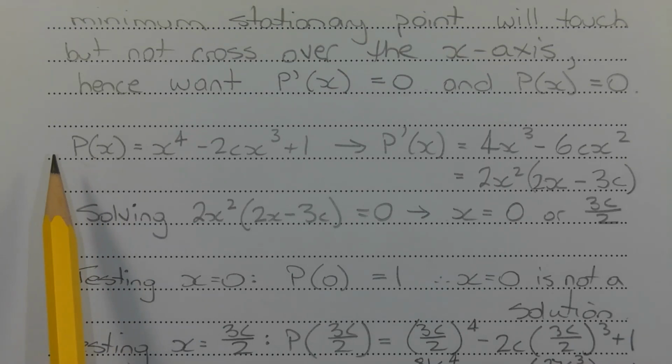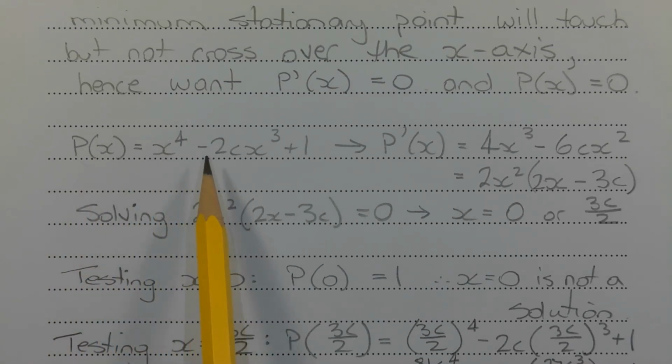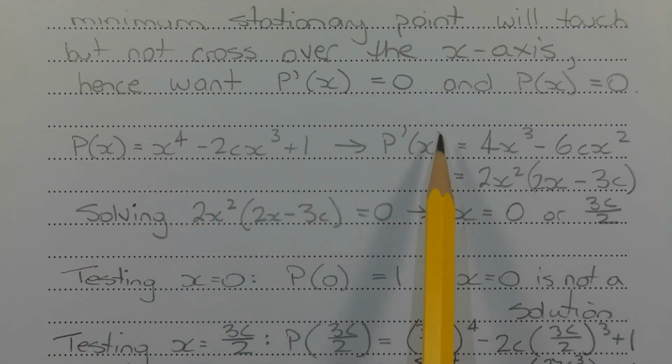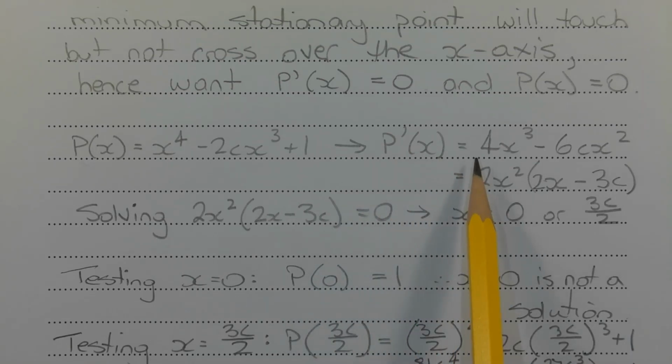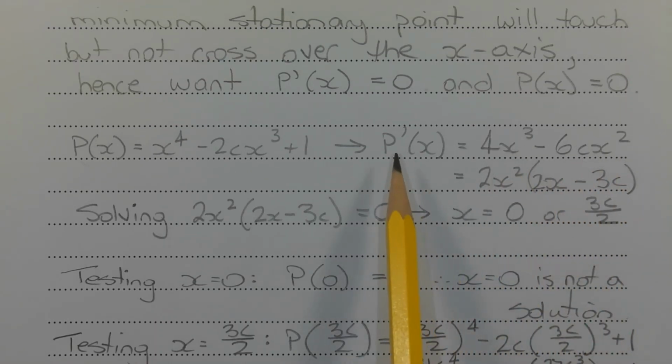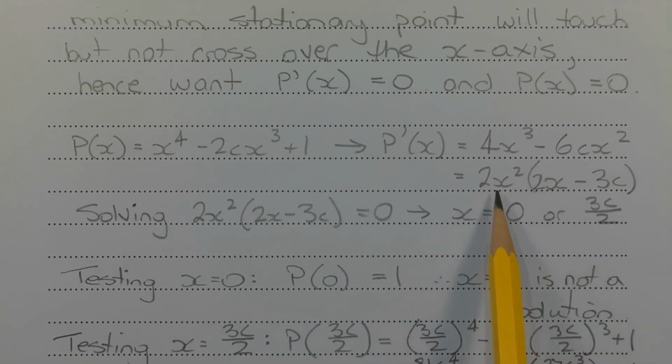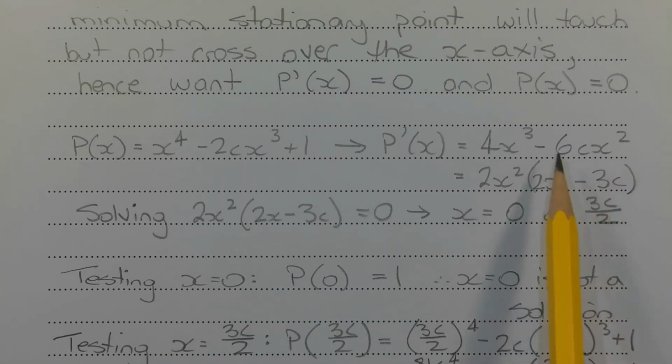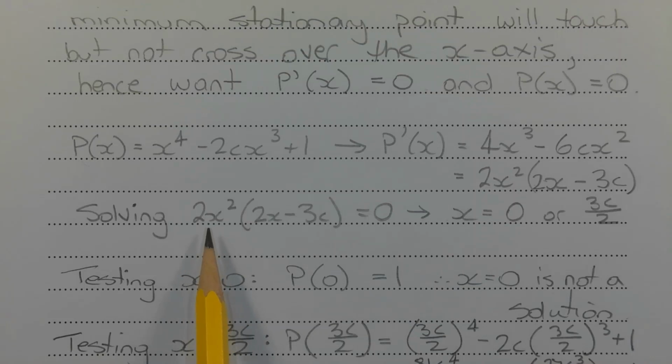So letting p of x equal x to the power of 4 minus 2cx cubed plus 1, the first derivative p dash of x is equal to 4x cubed minus 6cx squared. And factorising out 2x squared, we get p dash of x is equal to 2x squared outside of (2x minus 3c). Solving 2x squared outside of (2x minus 3c) equals 0, we get two possibilities.